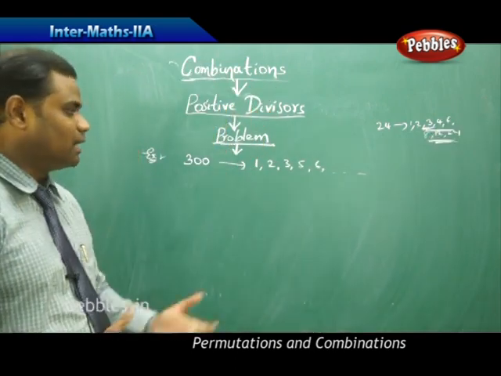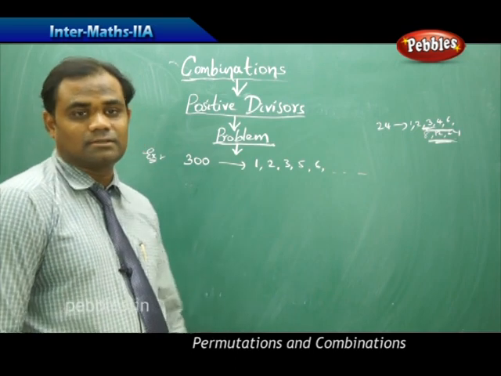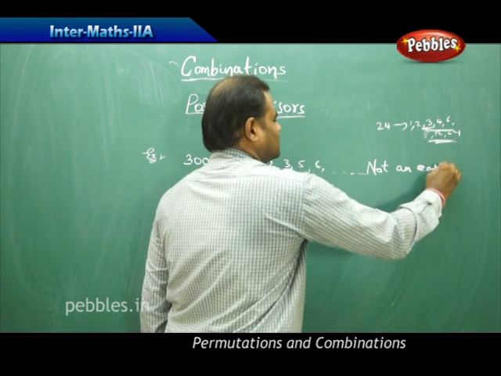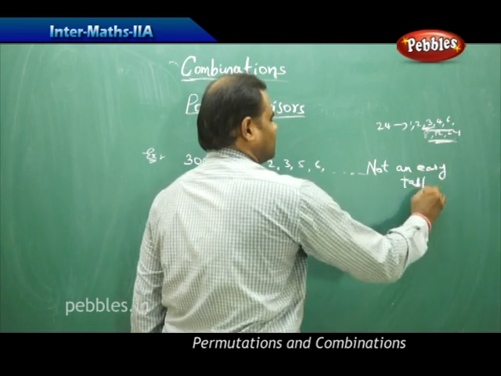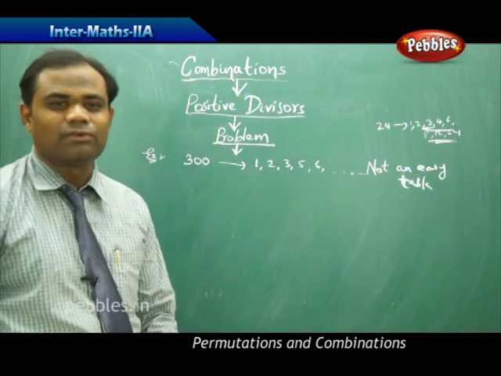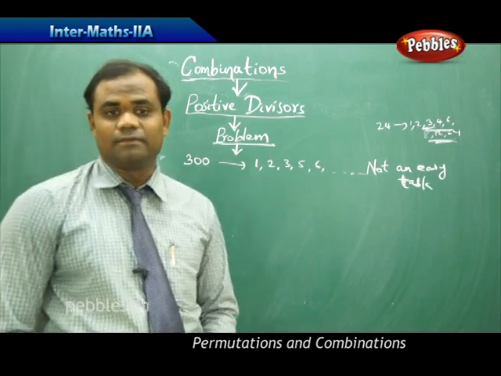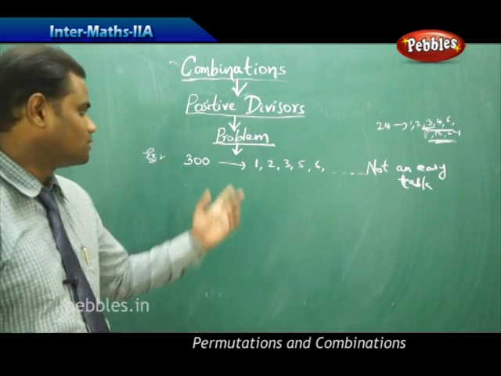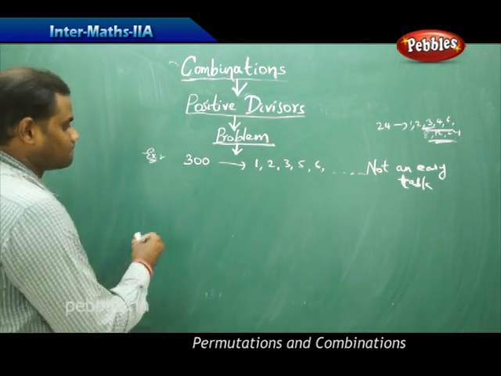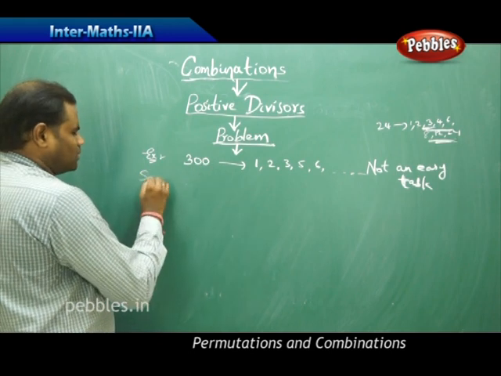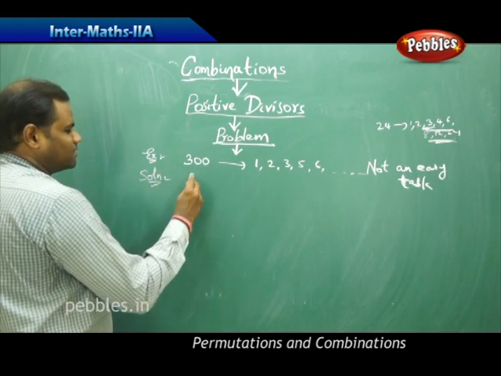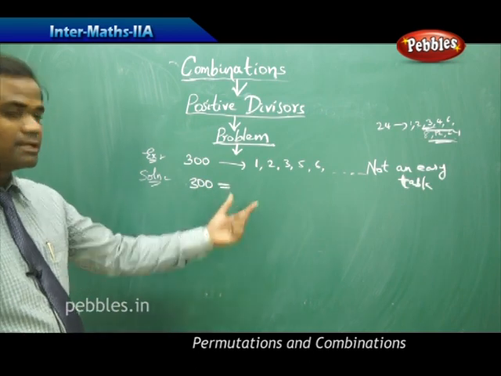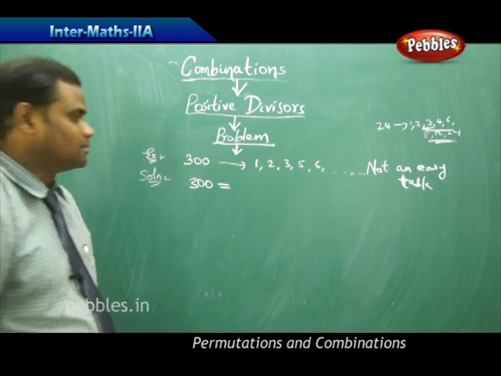But this number being very large, it is not an easy task to find all the positive divisors. Therefore, we use the formula which we have derived using combinations, and then we can find the number of positive divisors for 300. Before we do, I take the number 300 and express it as a product of prime factors.